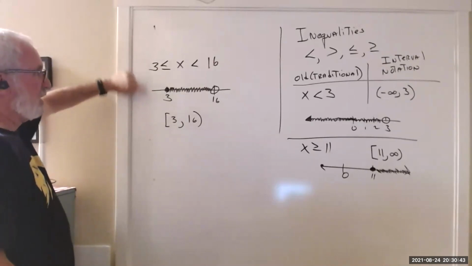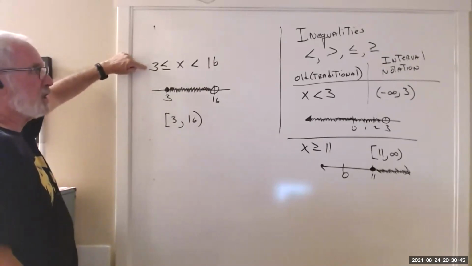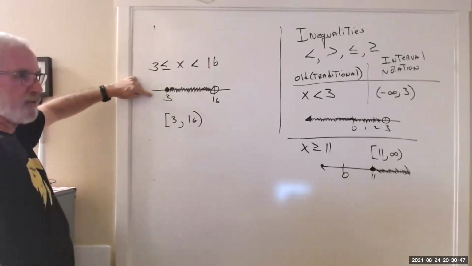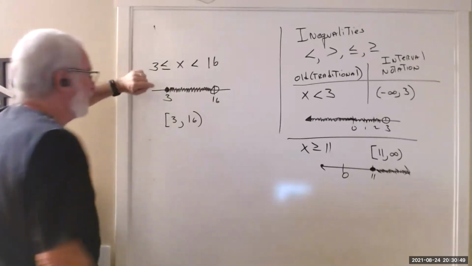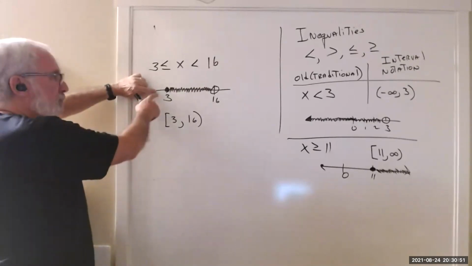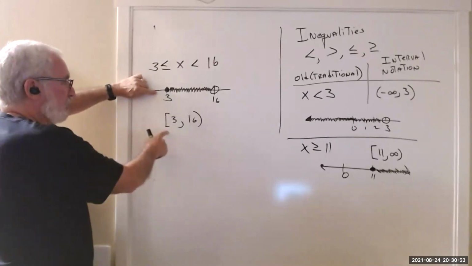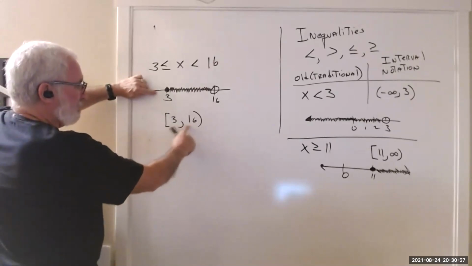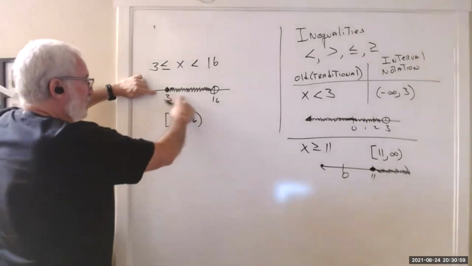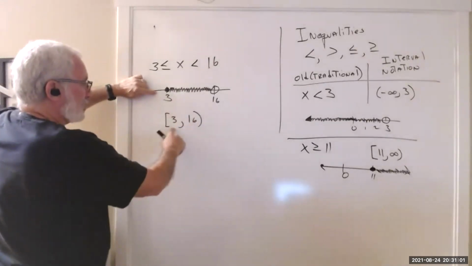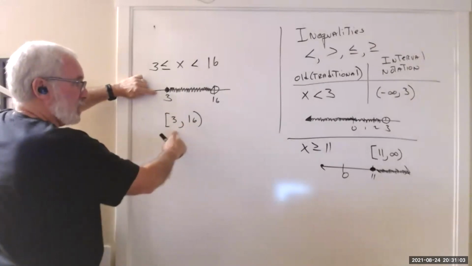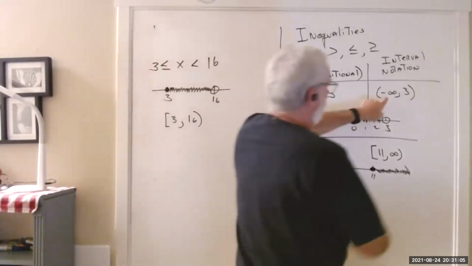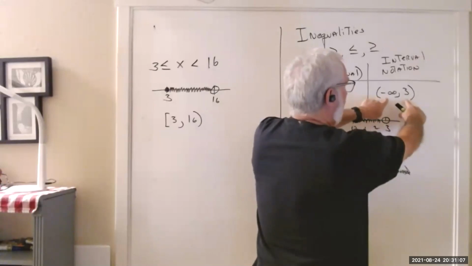Okay, that's right. This is the old notation. This is its graph on a number line. But the new stuff is, can you go from the number line to here? So think about this. What's shaded? Everything between 3 and 16. Everything between 3 and 16 is shaded. That's what this says. Think about this. This says what's shaded?